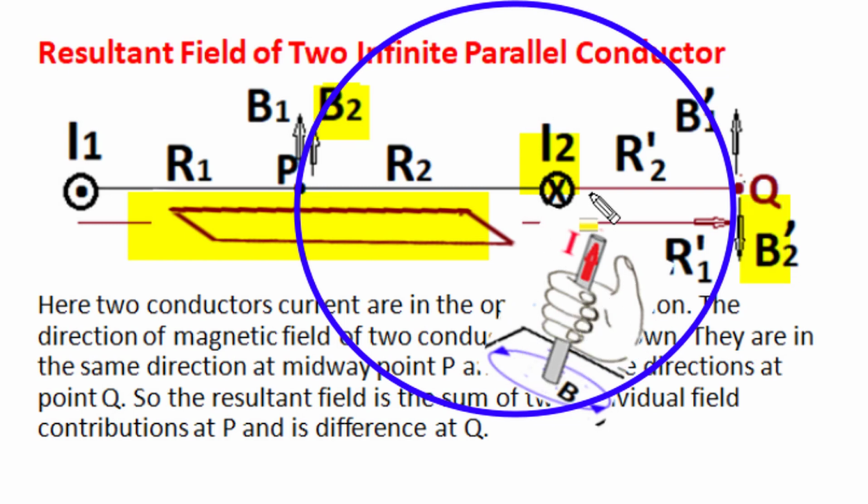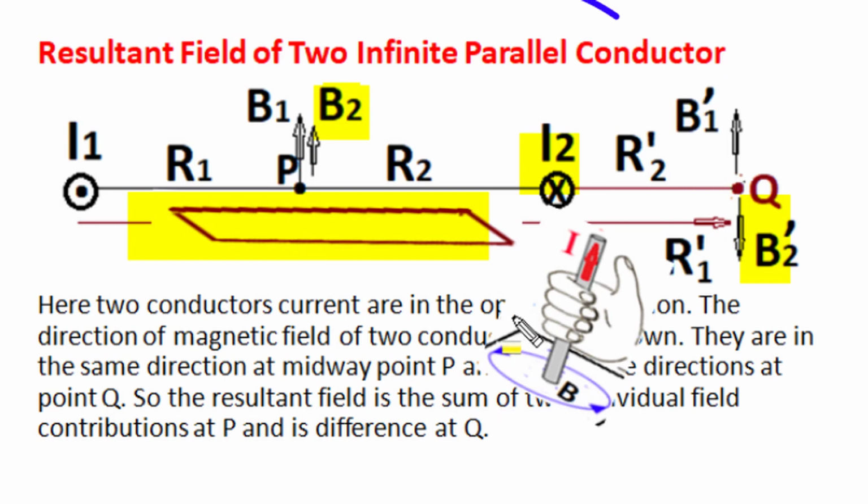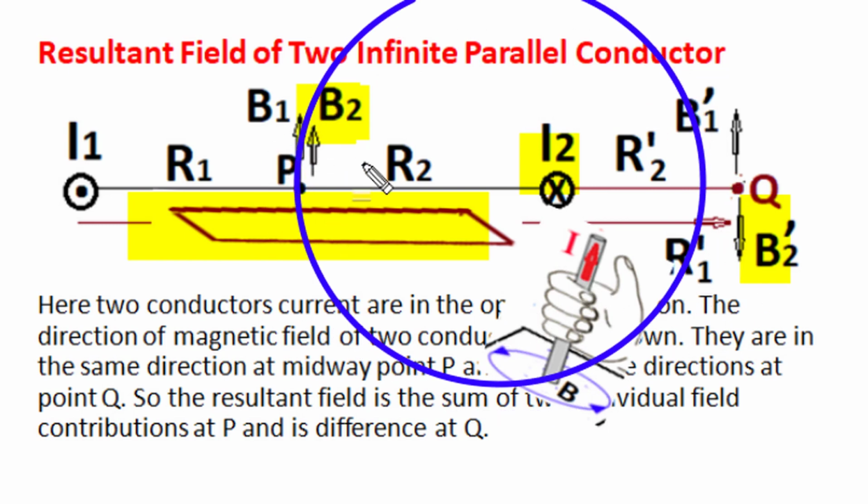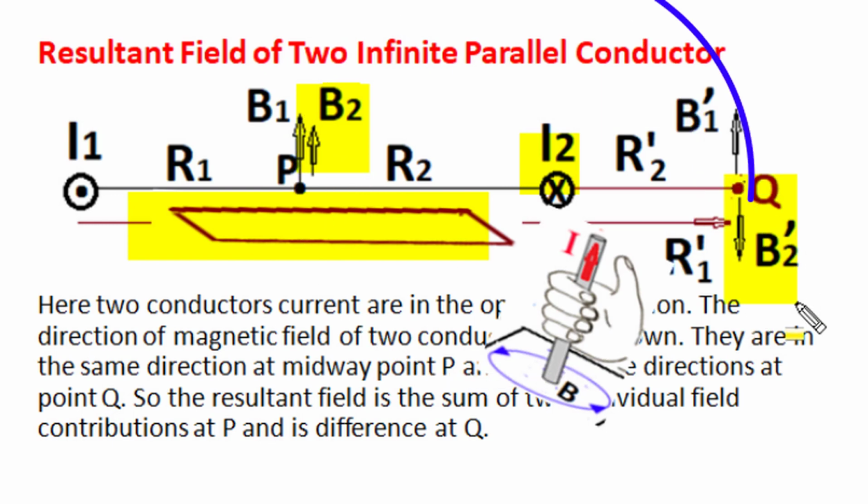When the current is inward, the curl of the fingers represents the direction of the magnetic field, which is upward at position P and downward at position Q, as clear from this diagram.